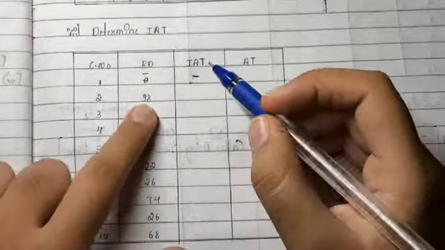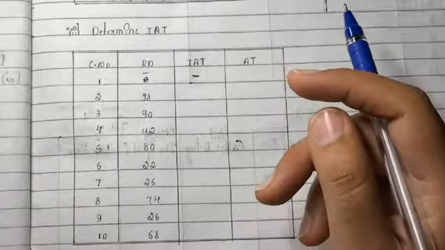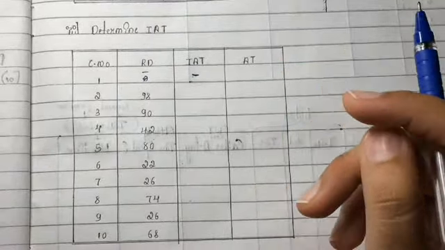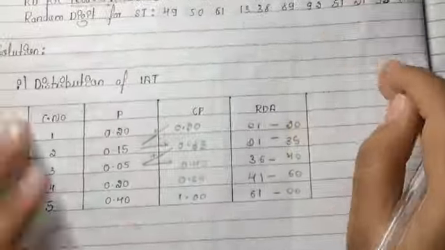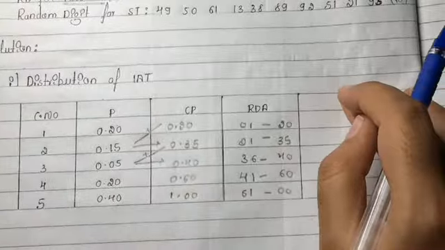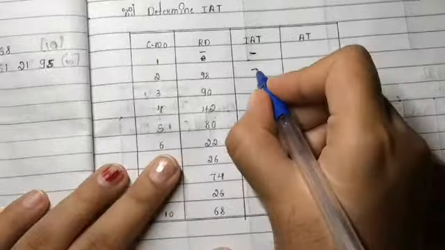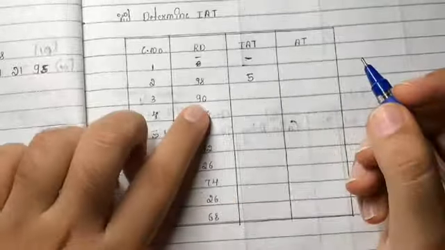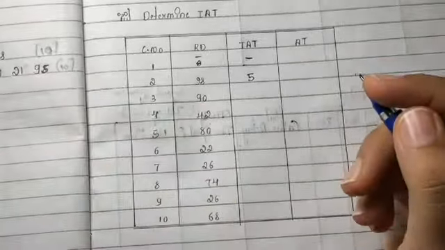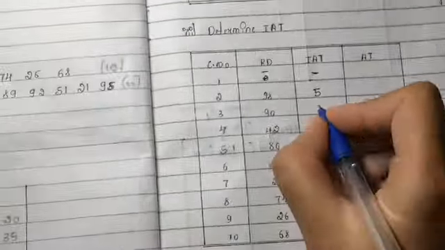Next, take the value 89, go to the first table and check where 89 lies. 89 lies in the 5th row, so the value is 5. Just write the value 5 here. Now take 90 and check where it lies. It is also in the 5th row, so the value is 5 here.